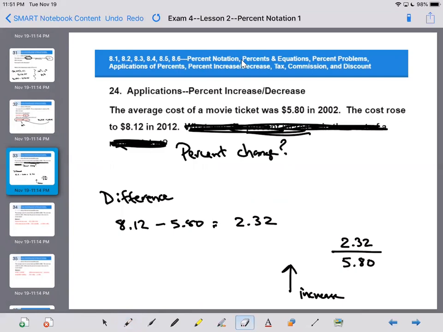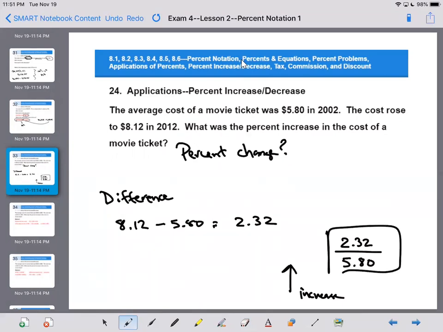One way to find it is to take the difference that you found, which was $2.32, and divide it by $5.80. What you're going to get is 4/10. Well, what is 4/10 as a percent? That's 40%.